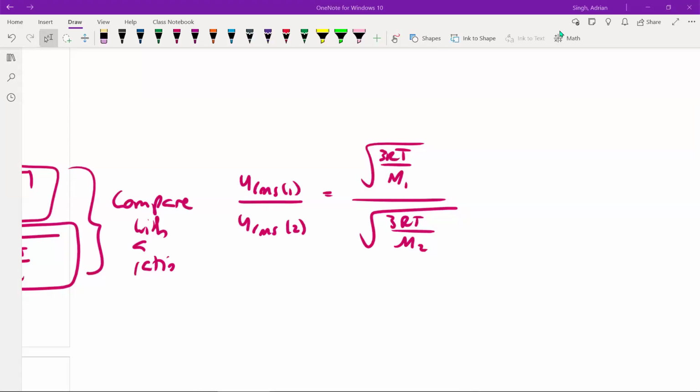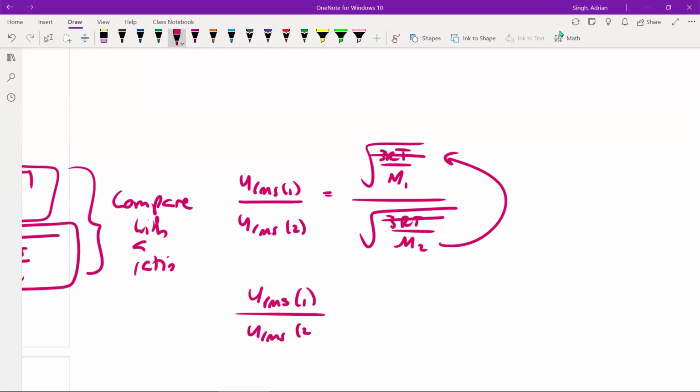So we can cancel out the like terms that we have, the 3RT. And then when we divide by the square root of M2, we bring this up on top. We end up with the root mean square of gas 1 divided by the root mean square of gas 2 equal to the square root of the molar mass of gas 2 divided by the molar mass of gas 1.